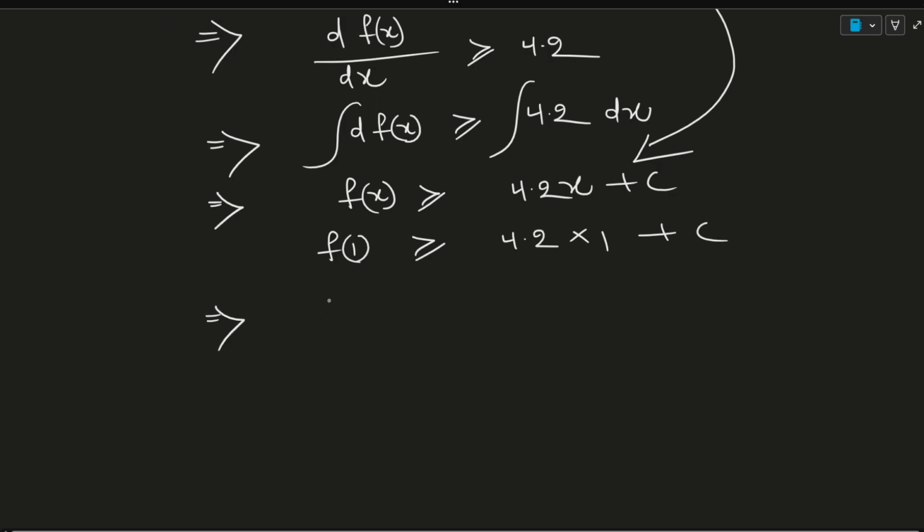F of 1 is -2, which implies the value of c will be what?